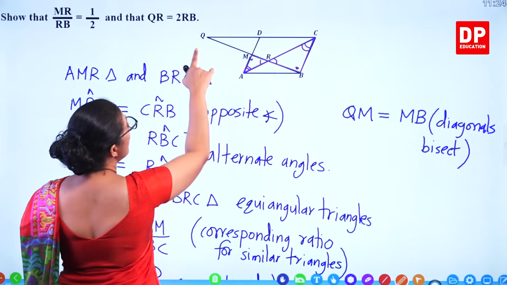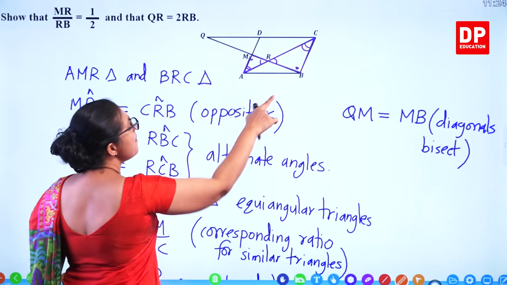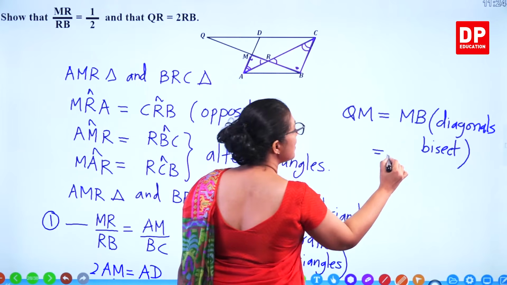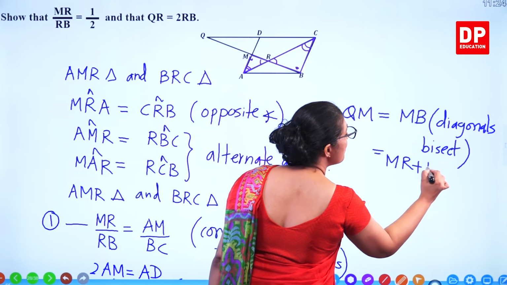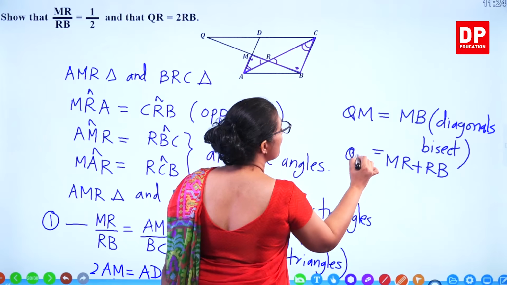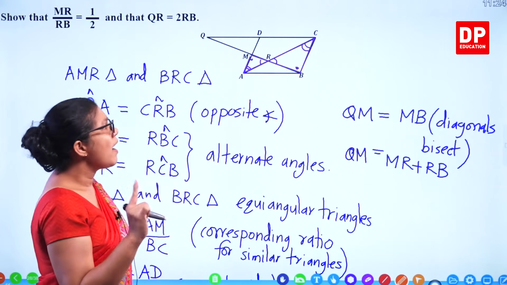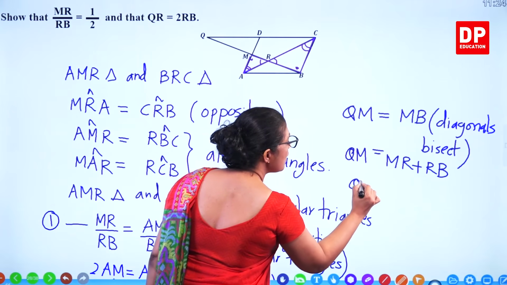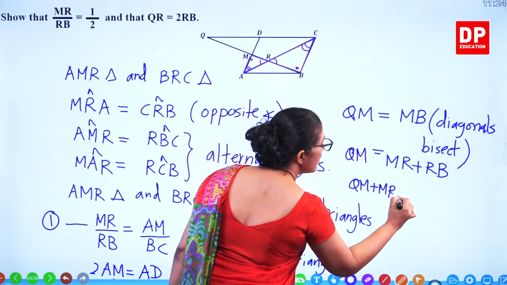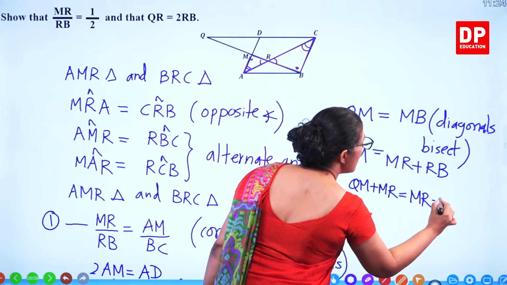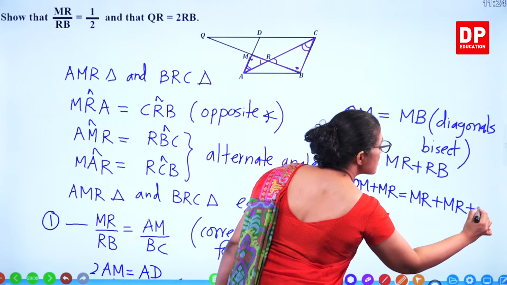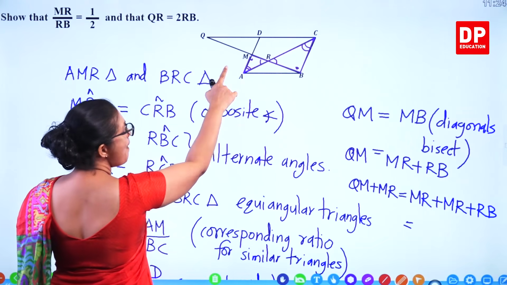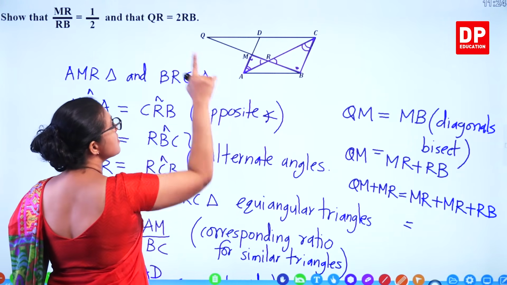And MB, I can write MB as MR plus RB. MR plus RB is QM. Now I want to add MR to both sides. QM plus MR is MR plus RB plus MR. Now, what is QM plus MR? That's QR.